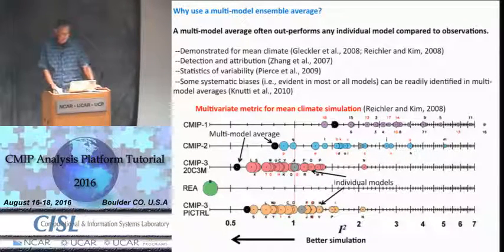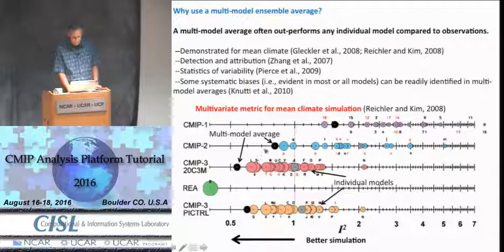The black dots are the multimodel ensemble average. You can see that the black dots tend to be the farthest to the left, which means that's producing the best simulation. And the individual circles here are the individual models. So this is an interesting feature of multimodel ensemble averaging that you can use to your advantage in a number of different ways.